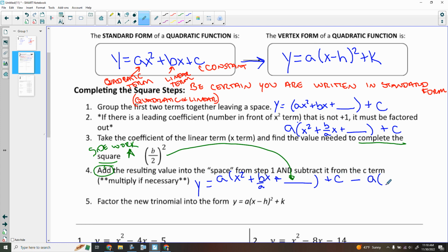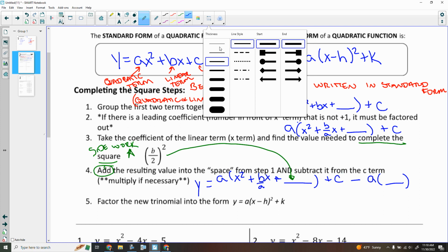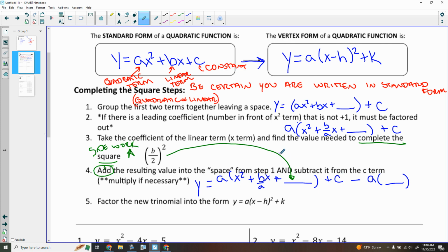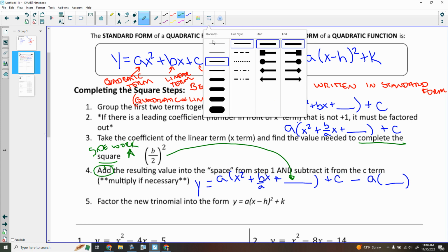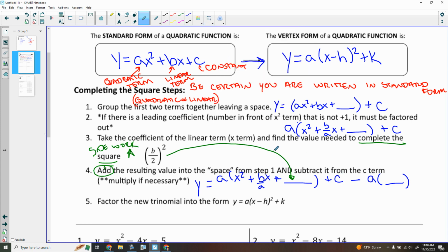So it'll be a times that number that I added to complete the square. Okay, so that value is what's going to be added and subtracted from the equation. So it's going to be added inside that set of parentheses and then subtracted at the end of the equation.